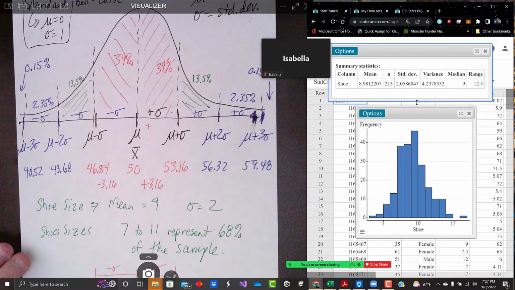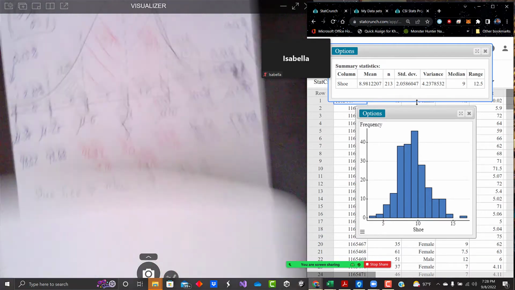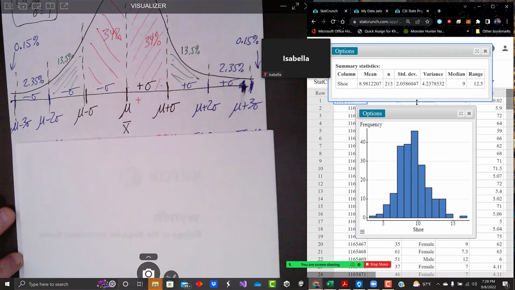I'll just use another piece of paper. Anyone need it up longer? Okay. I've got my graph there.